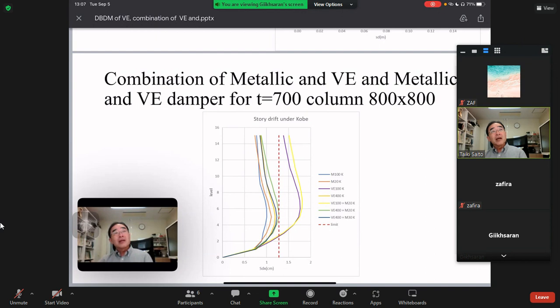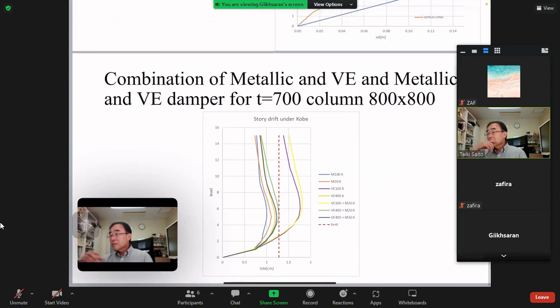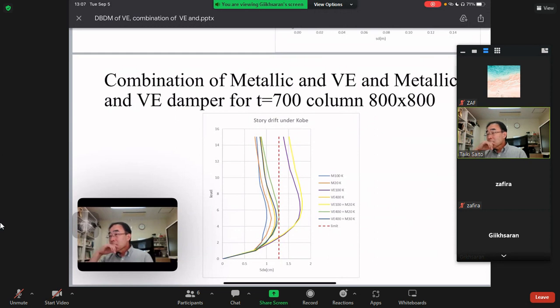Yes. Because the estimation by equivalent linear, the blue line, is much larger. Maybe this is the reason. Okay. Yeah, it looks good.